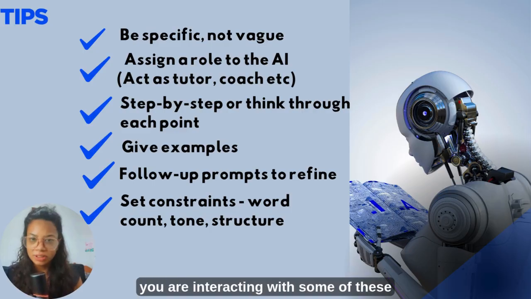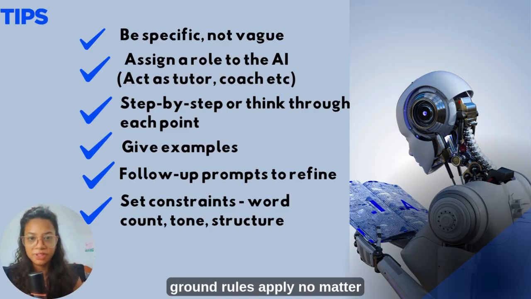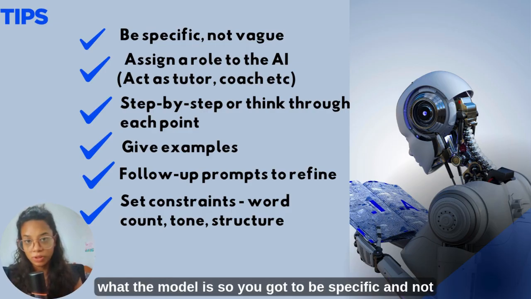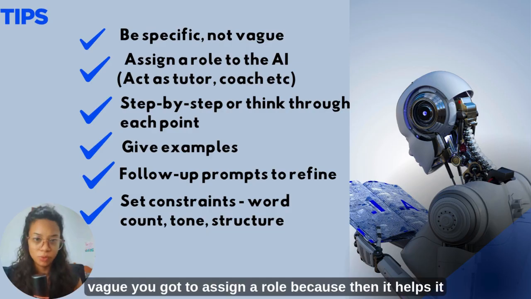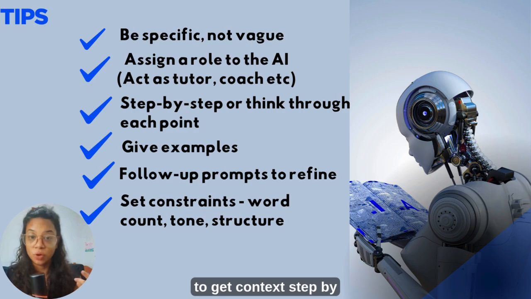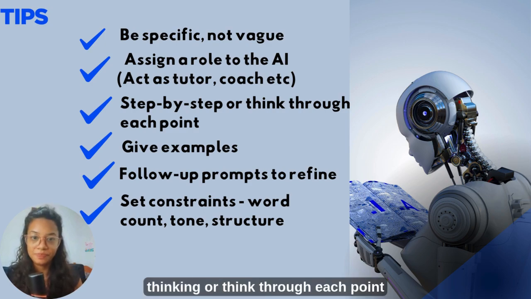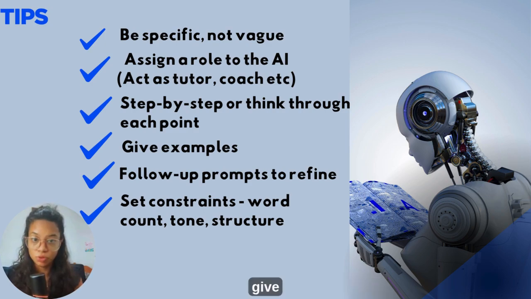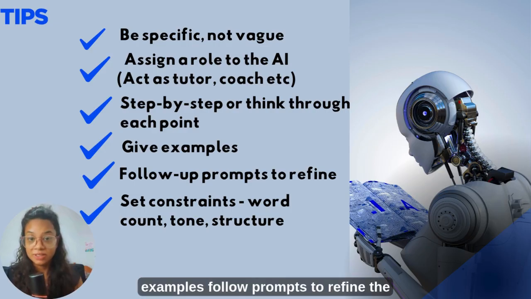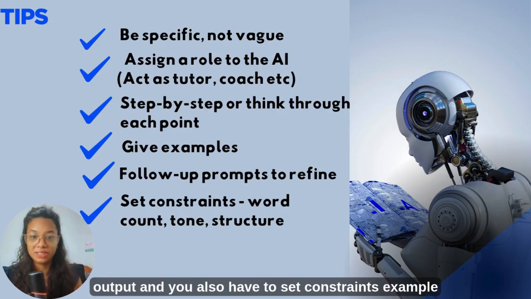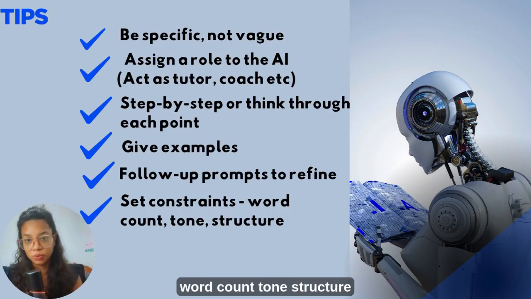Whichever model you're interacting with, some of these ground rules apply no matter what the model is. You've got to be specific and not vague. You've got to assign a role because it helps the model get context. Use step-by-step thinking, or think through each point, give examples, follow up with prompts to refine the output, and set constraints, for example word count, tone, structure.